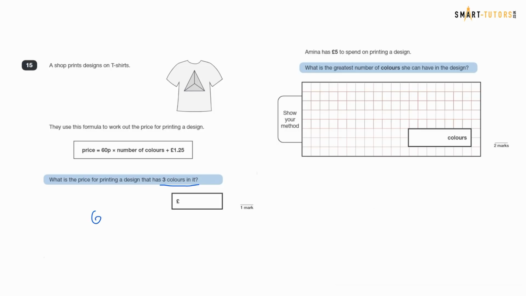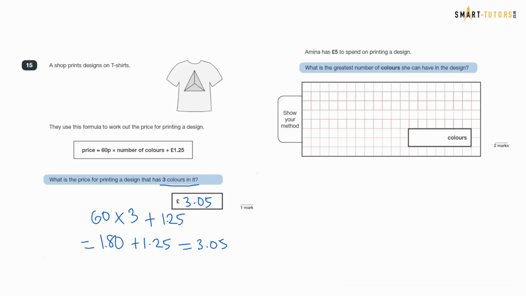So it says 3 colors. So 60 times 3 plus £1 and 25 pence. First you do 60 times 3, which is 180, plus 125 pence, which gives you £3 and 5 pence. Well done. That is the perfect answer.